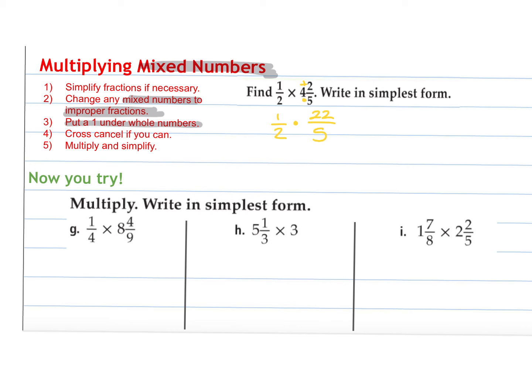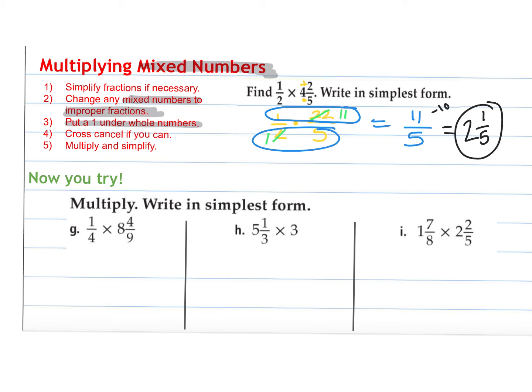I can cross-cancel. 2 and 22 share a factor of 2. 2 goes into 2 once. 2 goes into 22 11 times. Then I can multiply across. 11 times 1, 5 times 1, and then I can simplify. 5 goes into 11 2 whole times for 10, which means I have 1/5 left over.